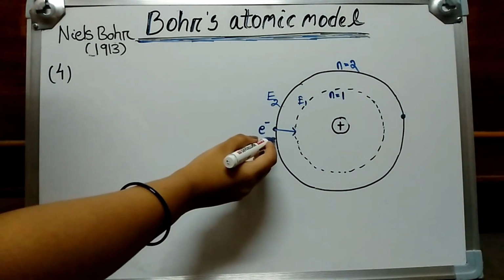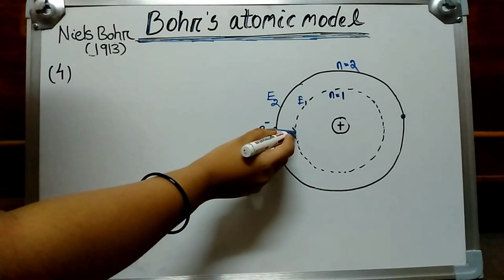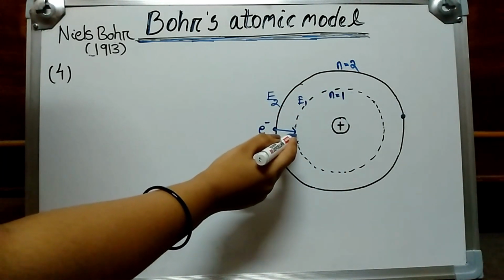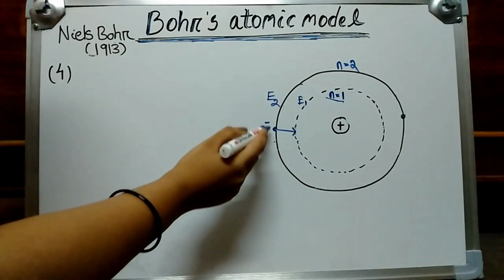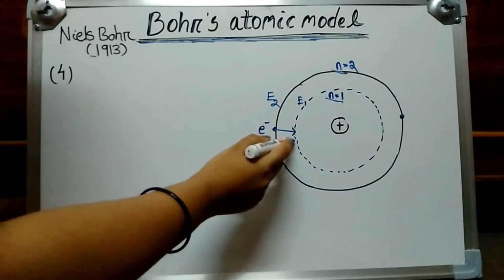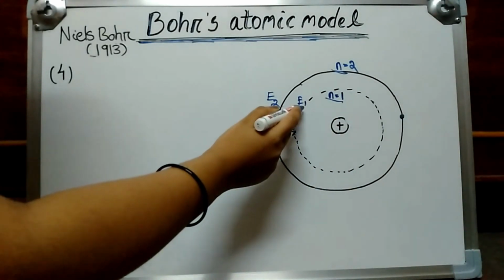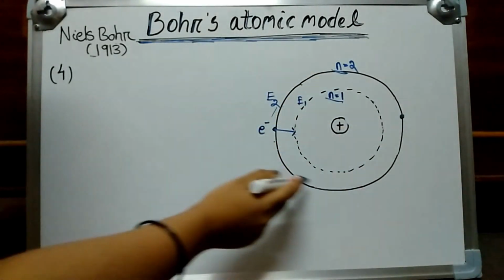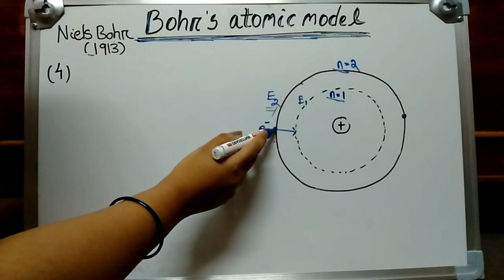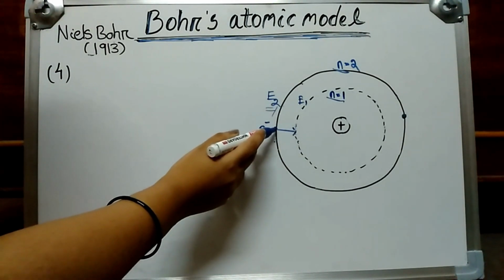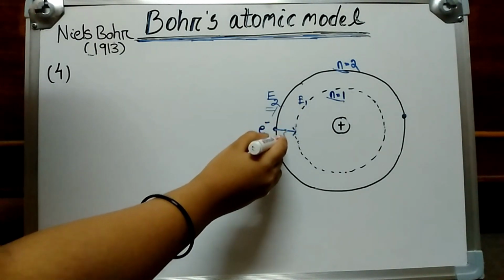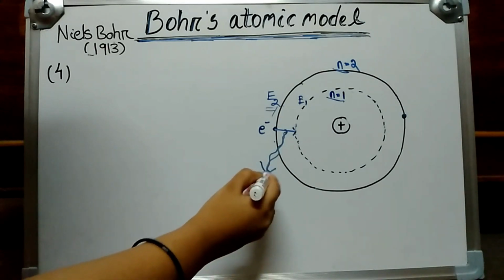When an electron jumps from a higher stationary orbit to a lower stationary orbit, take the inner circle as n equals 1 and the outer circular orbit as n equals 2. The inner orbit has energy E1, and the outer orbit has energy E2. When the electron jumps from a higher energy level to a lower energy level, it emits energy in the form of electromagnetic wave.